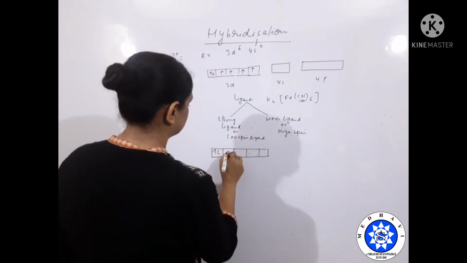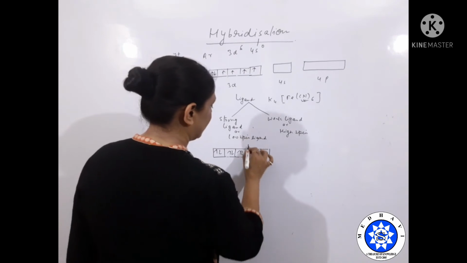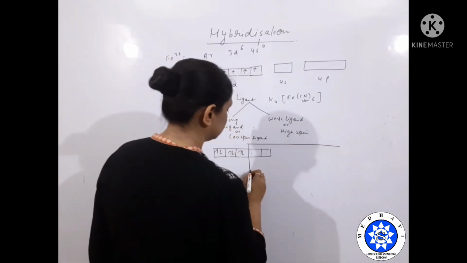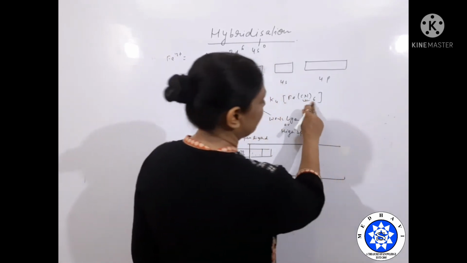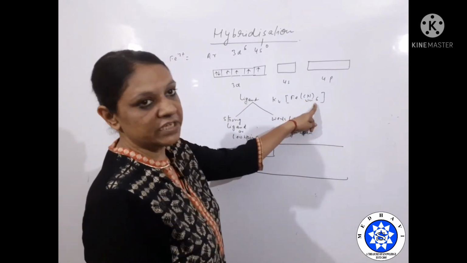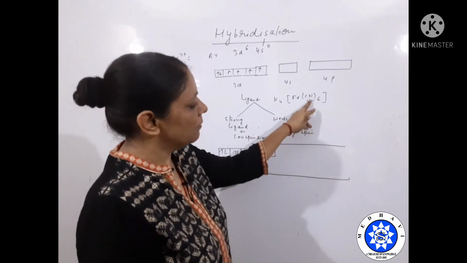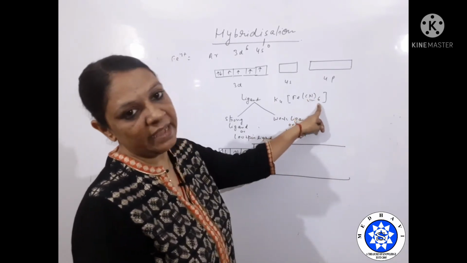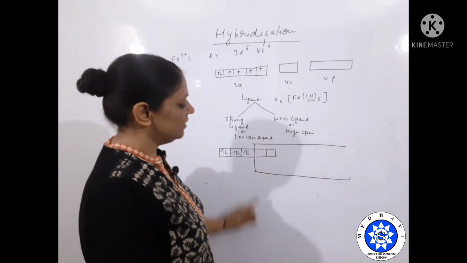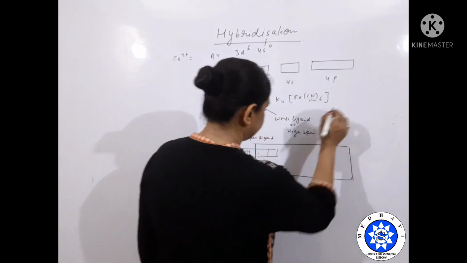So now we have 2 vacant orbitals and we need 6 vacant orbitals. Mind it, number of ligands is also called coordination number, and as many ligands we have, that many vacant orbitals we require. So we need 6.